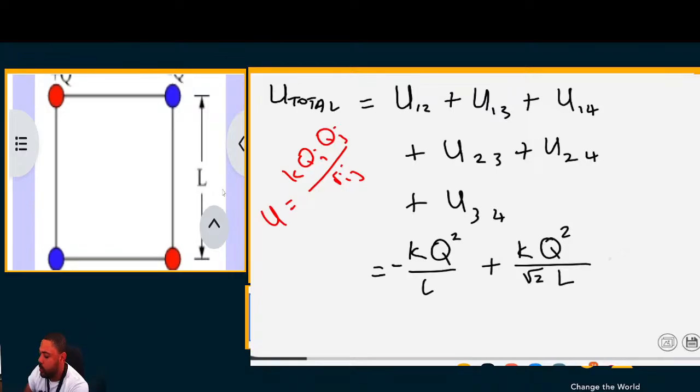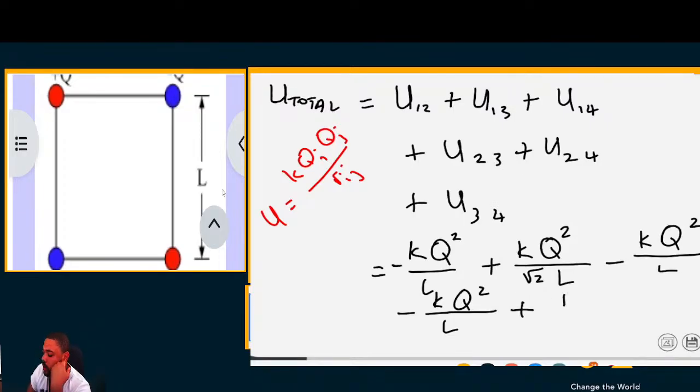It is a positive and a negative, so it's negative K Q squared, and the distance between them is L. Then charges 2 and 3: one is positive and one is negative, so it's negative, K Q squared over L. Between 2 and 4, both are positive, so it is K Q squared over square root 2 L. And the very last one, between 3 and 4: one is positive, one is negative, so it's negative K Q squared over L. So there we have all the distinct charge pairings.